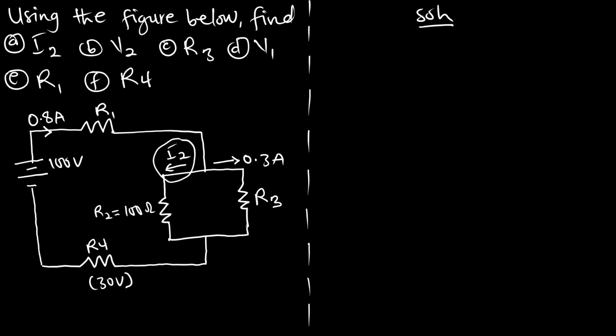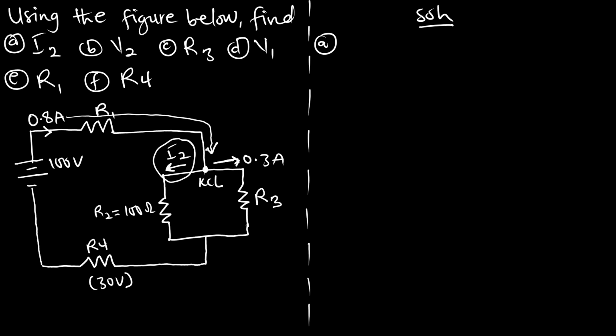What can we say for the A part, I2? Now when we look at the diagram, at this junction using the KCL, the current entering should be equal to the current leaving. And what is the current entering? This is the 0.8 amperes entering the node. And there is 0.3 amperes leaving and I2 is also leaving.